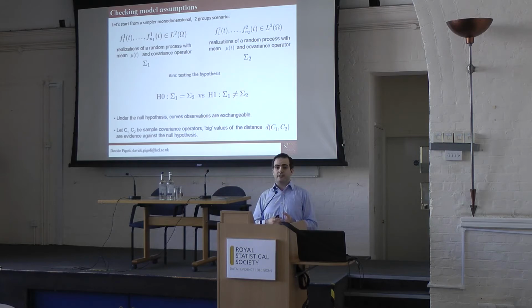That means that all I need to apply this procedure is a test statistic that captures the fact that the covariances are different. So for now, let's call that a distance d between the two sample covariance operators or covariance functions.